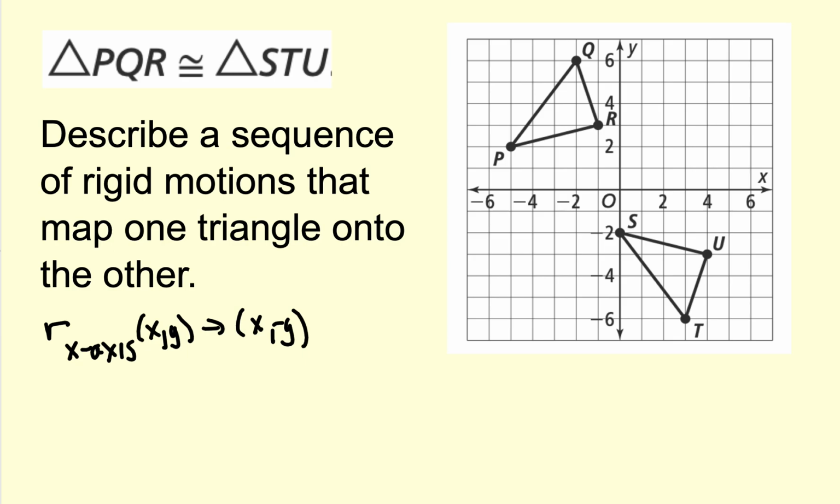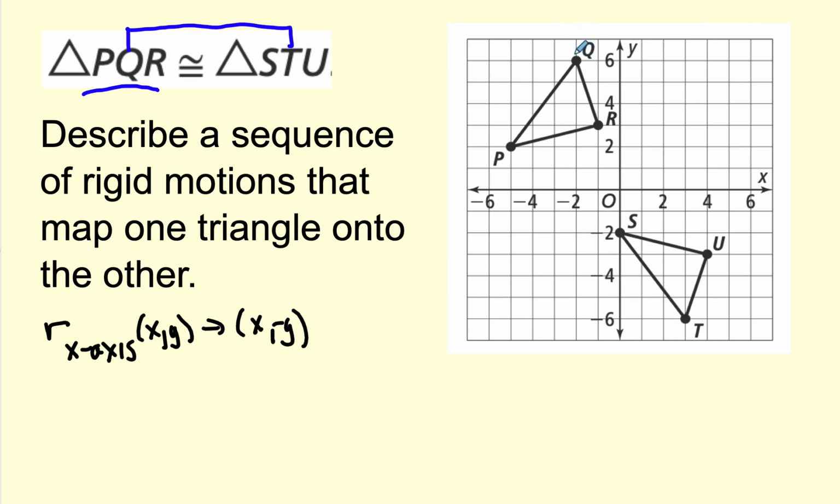Now let's describe a sequence of rigid motions that will map the triangle onto the other. I'm going to start with PQR. You can really start with the other one if you want, but I'm just starting with PQR. Now I know that Q has to map to T. You see how Q is up here at the top and T is here at the bottom.